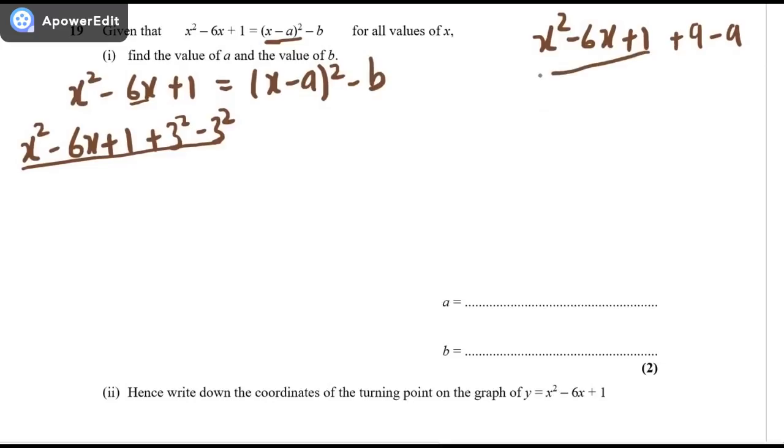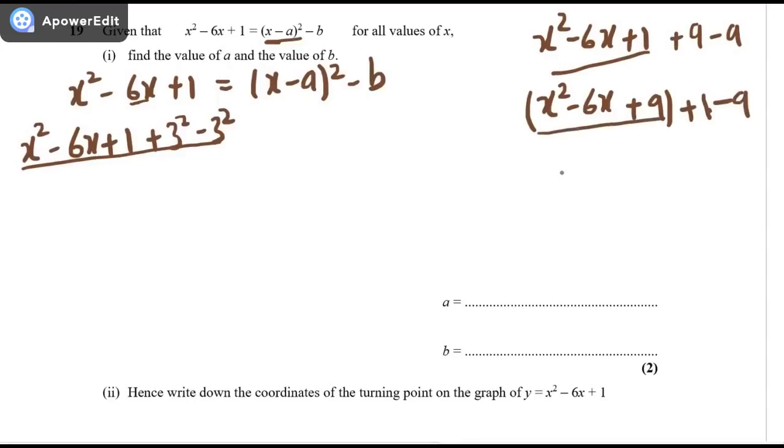We're going to make the complete square now. So I'm going to do x squared minus 6x, put plus 9 over here, and put the plus 1 and minus 9 together in the bracket.